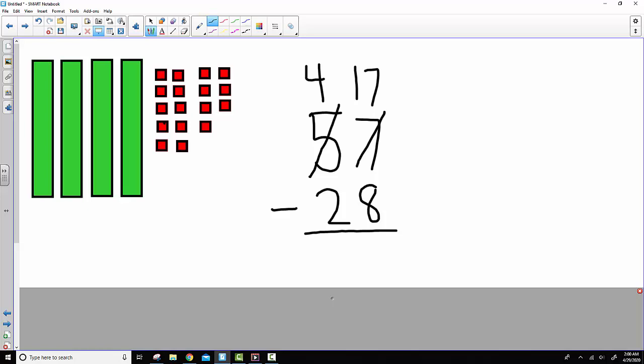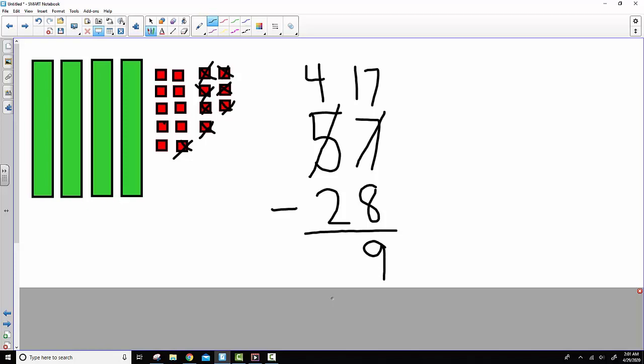Now we can subtract 8 ones from our 17. So we'll subtract 1, 2, 3, 4, 5, 6, 7, 8. You can see we're left with 9 ones.